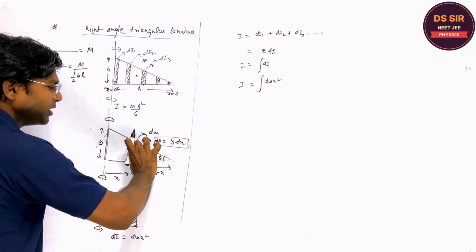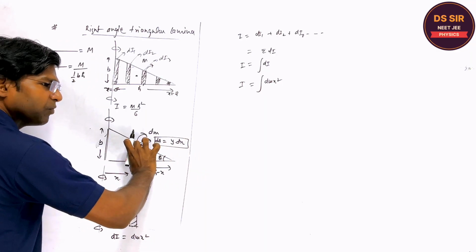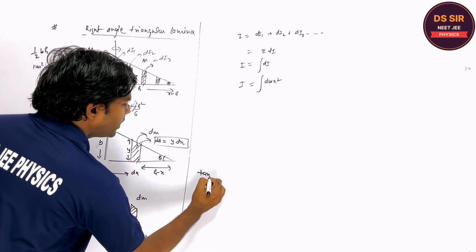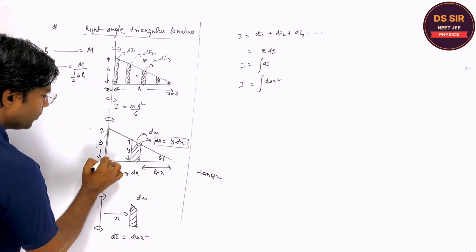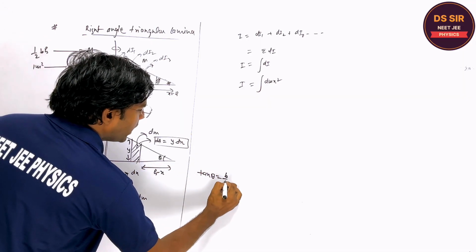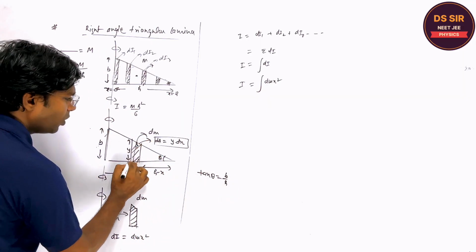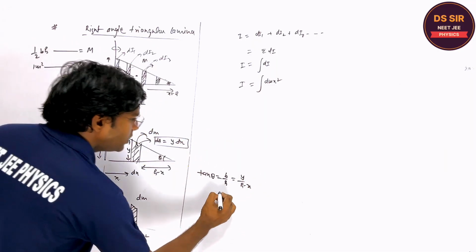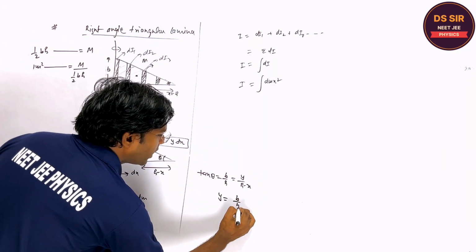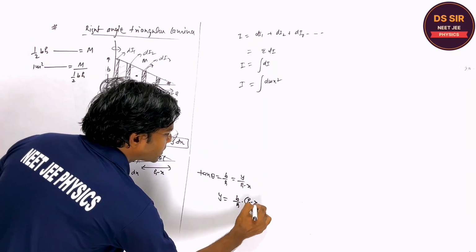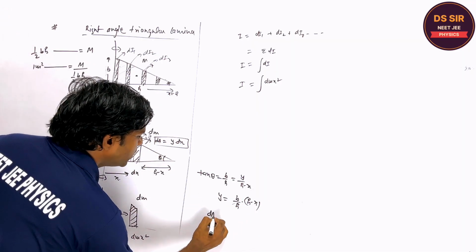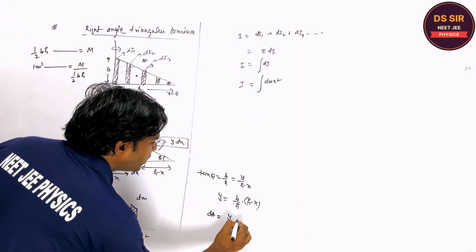So what you have to find? You have to find this y in terms of x. So how to find? Listen, tan theta. What is the tan theta? Tan theta is equal to b by h, and tan theta is also equal to y upon h minus x. So what is the y here? b upon h into h minus x. Is it fine? So what is the dA? So dA is equal to y into dx.